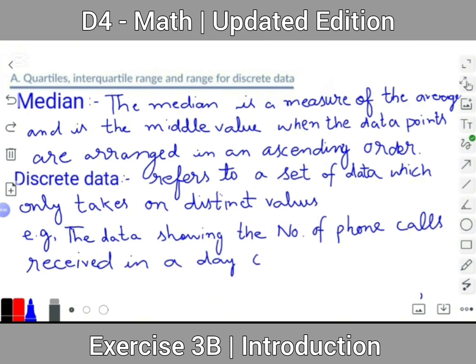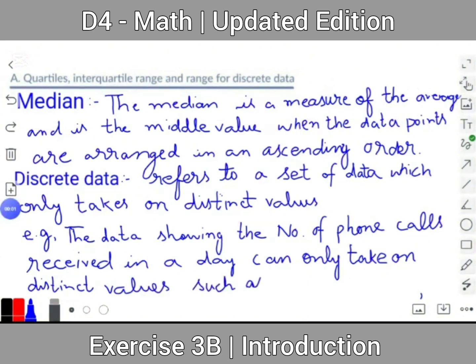It can only take on distinct values such as 1, 5, 12, etc., but not 1.5, or mixed fraction 4 2/3, etc.